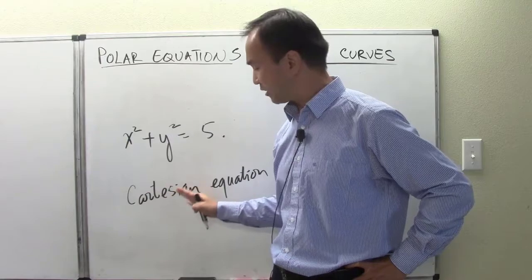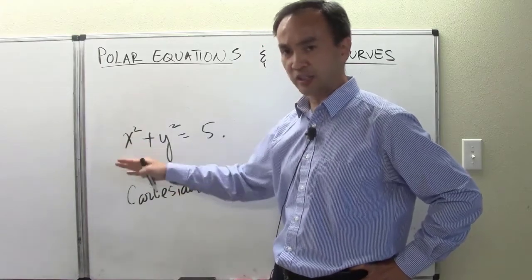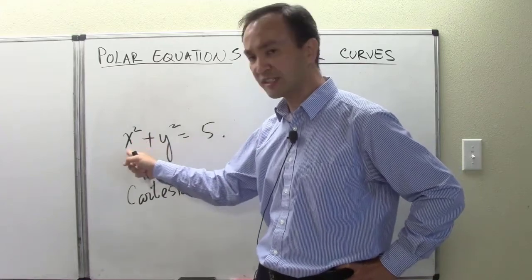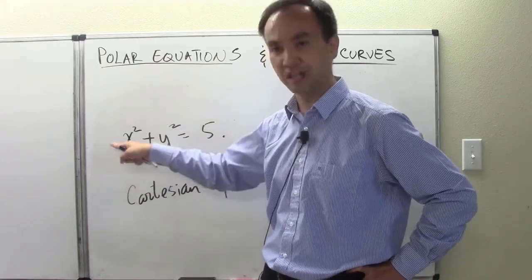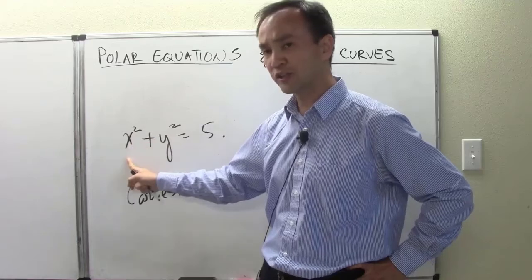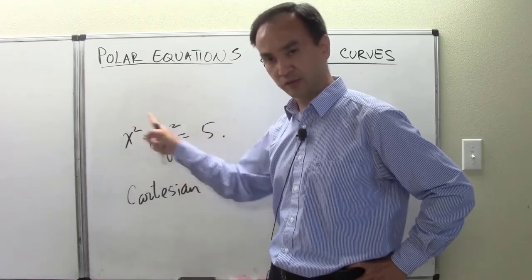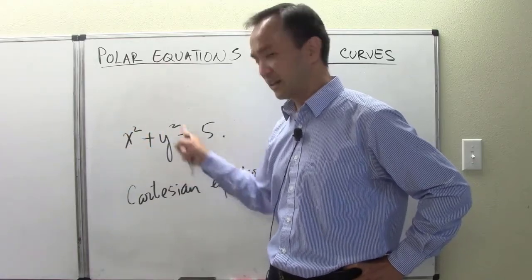Now, as a clarification, an equation like this is usually regarded as a Cartesian equation simply because the x and y variables here are intended to represent horizontal coordinates and vertical coordinates in rectangular coordinates. It's a tradition.